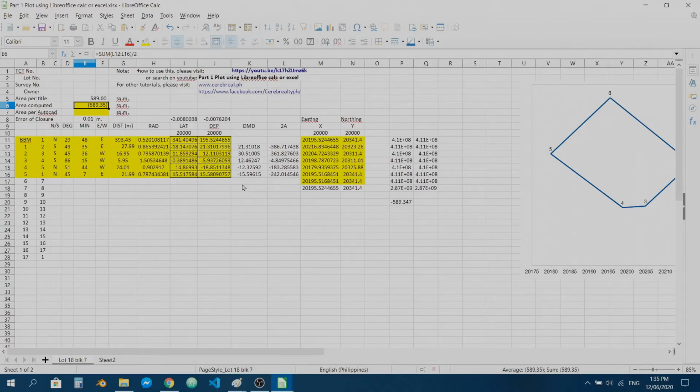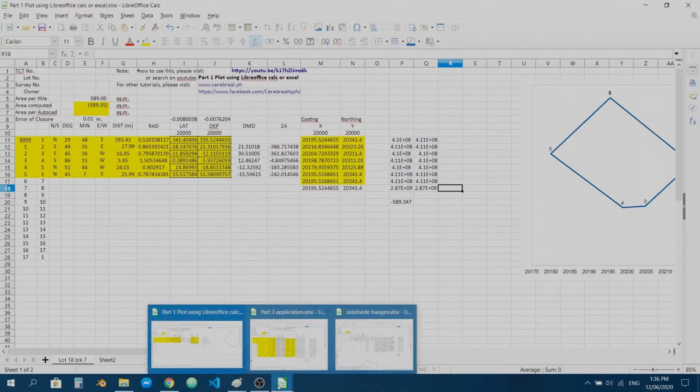So this is another method. I'm not sure where I got this formula. I checked the internet, but probably it is the result of calculus. I'm not sure, but I've been using that to check all my computations.